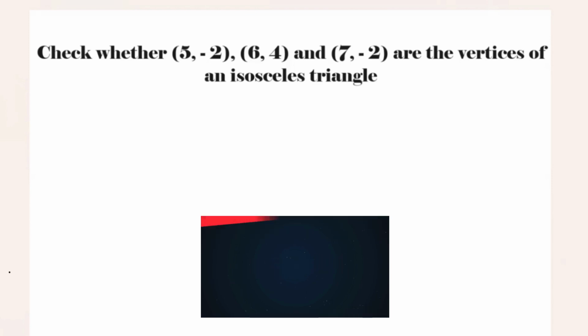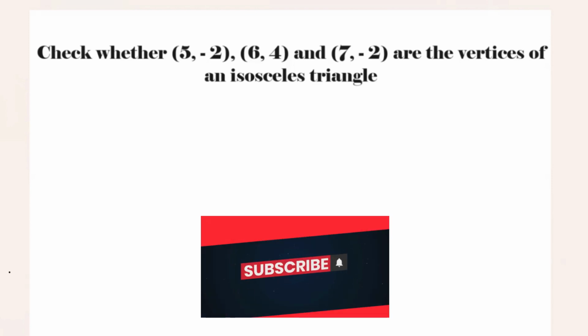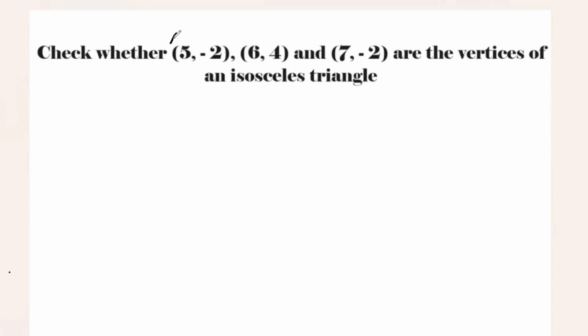In this question, we have to check that the given points A, B and C are the vertices of an isosceles triangle. A triangle ABC is said to be an isosceles triangle if any two sides are equal.